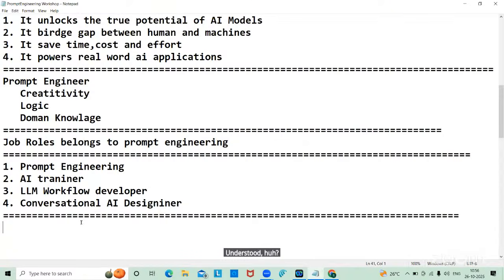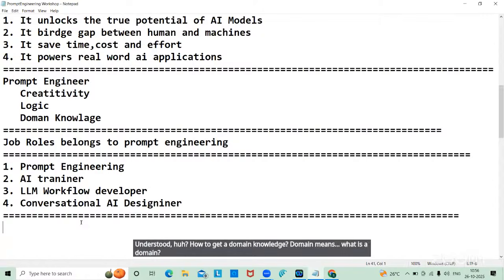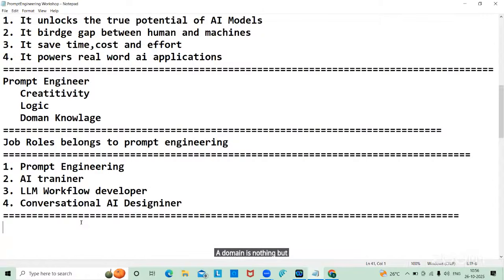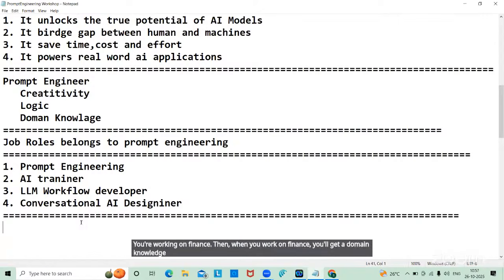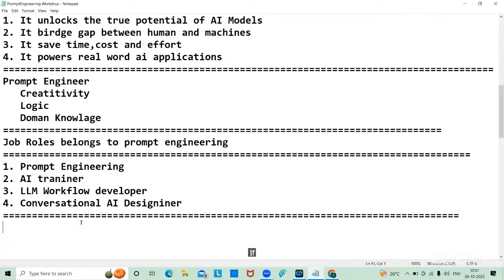How to get domain knowledge? What is a domain? A domain is nothing but a specific area. For example, when you work in finance, you'll get domain knowledge of finance. If you are working in medical, you'll have knowledge of medical.